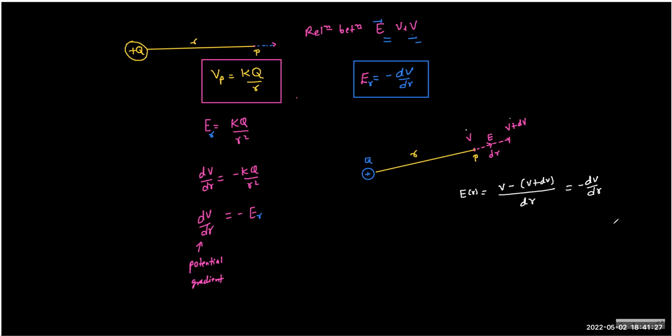Okay, sir. So what we say is that the field cannot be related to the potential directly, but we can always relate the component of a field with potential. Okay. Yes. So to make it more sophisticated and generalized, we'll try to create a general picture.